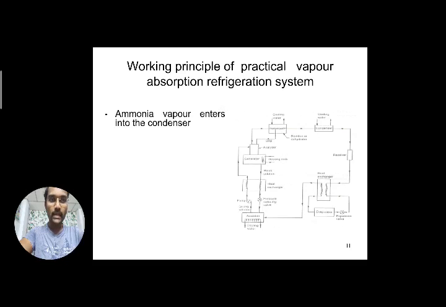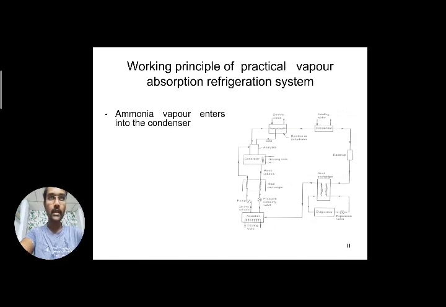Now the question arises here: what happens if moisture content or some water droplets are present in the ammonia vapor if it is sent directly into the condenser component? Further, what is the problem arising in these components, that is, in the condenser or in the expansion valve? What happens here? See, due to low temperatures created here, for example at the expansion valve, very low temperatures are created in the expansion valve.